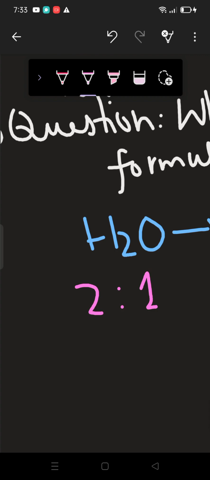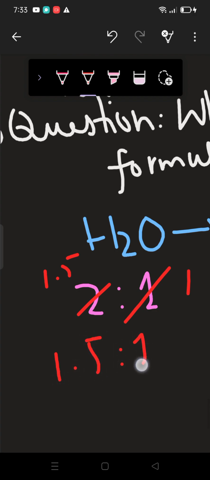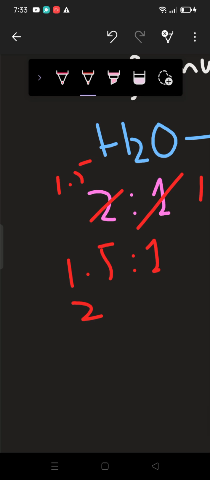Basically you cannot write the ratio in the fraction form. For example, you would be writing it as 1.5:1, or 3/2:1. So this would not be considered.